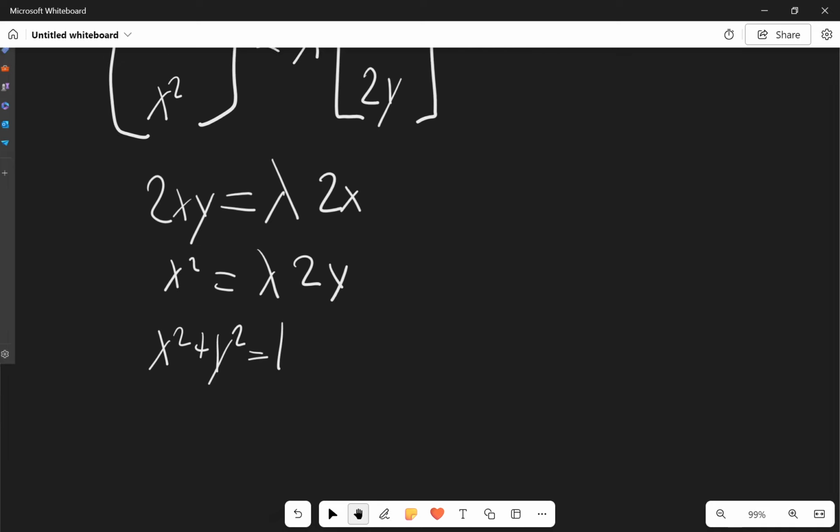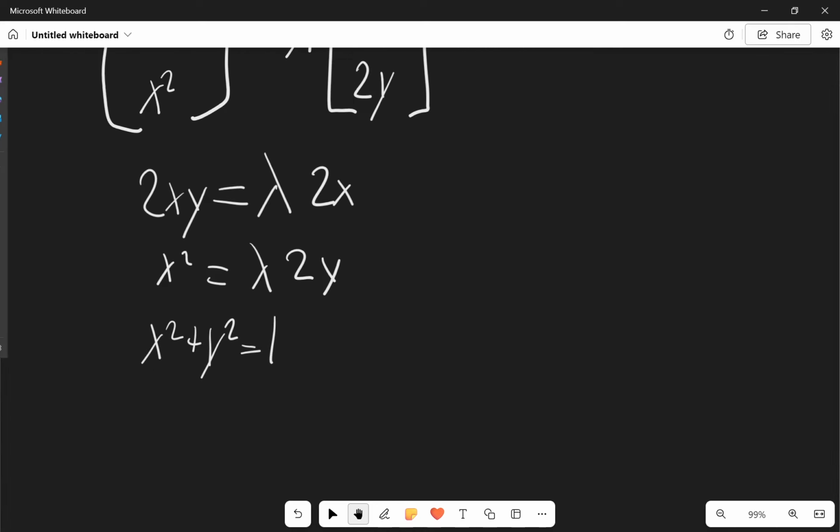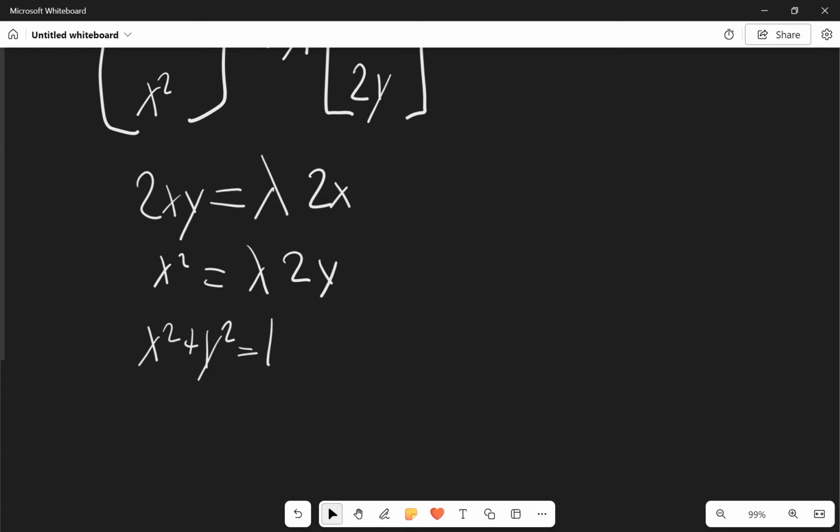Now, how can we get the points? Well, let's start with the first equation. We can cancel out the 2 and the x, and we get that y is equal to lambda. That's what I meant by that lambda could be either a constant or a variable itself.